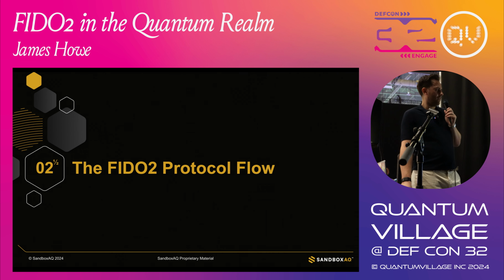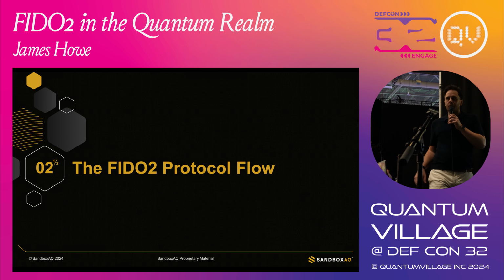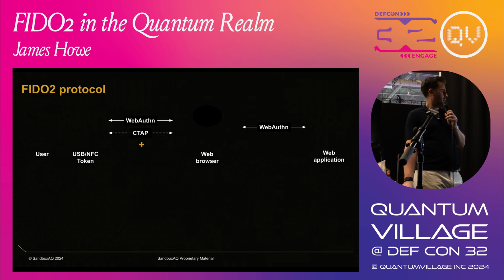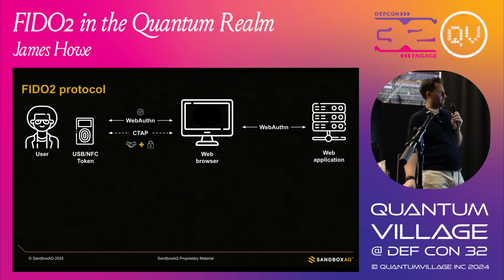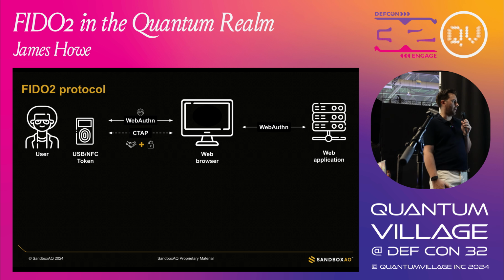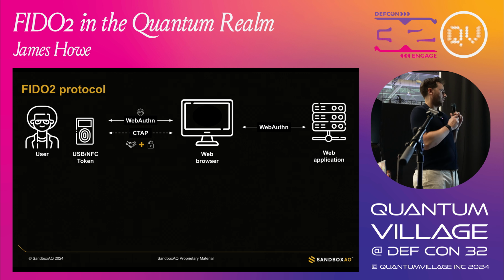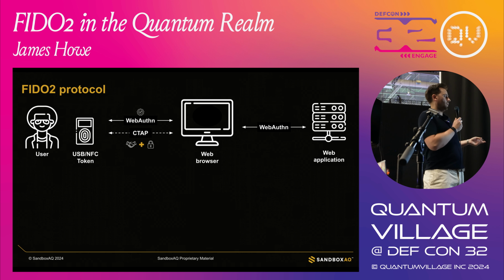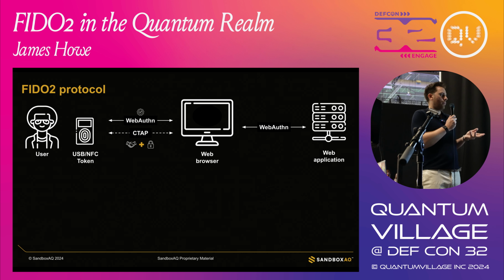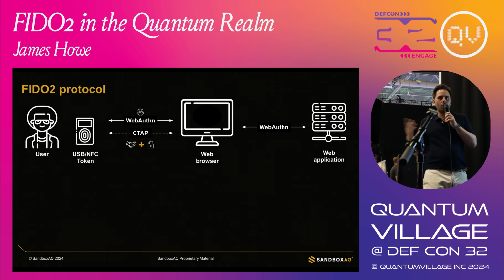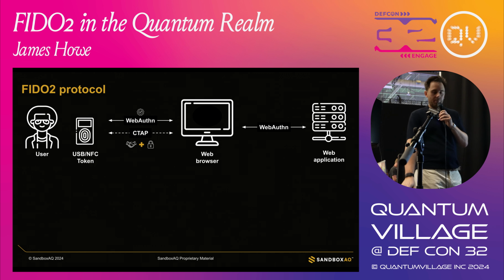So I'll quickly go over the FIDO2 protocol itself. Effectively we have four parties in this protocol: the user, which is one of us, and we have a token. The token links to a web browser, and the web browser then talks to the server or the web application that you want to authenticate with.